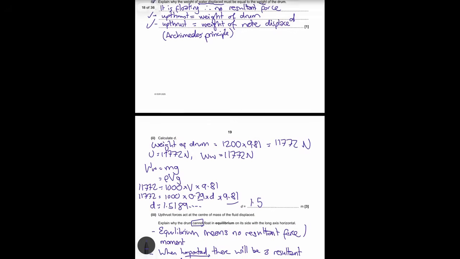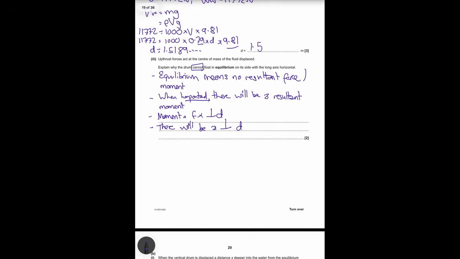So I'm going to say there'll be a perpendicular distance between the weight and the force. Oh no, sorry, the weight is the force. Between the weight and the pivot. And when horizontal.